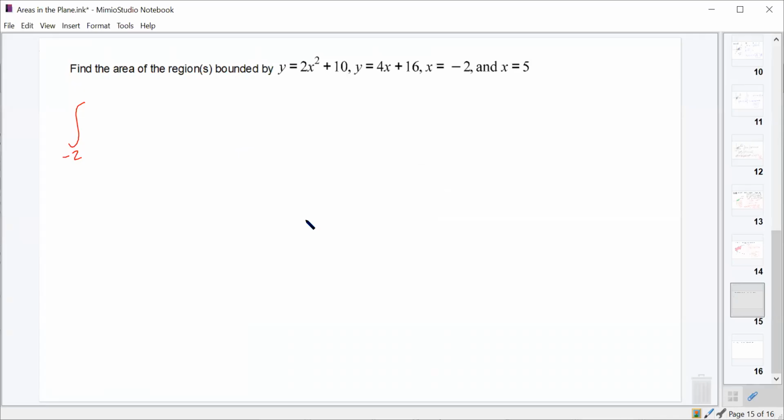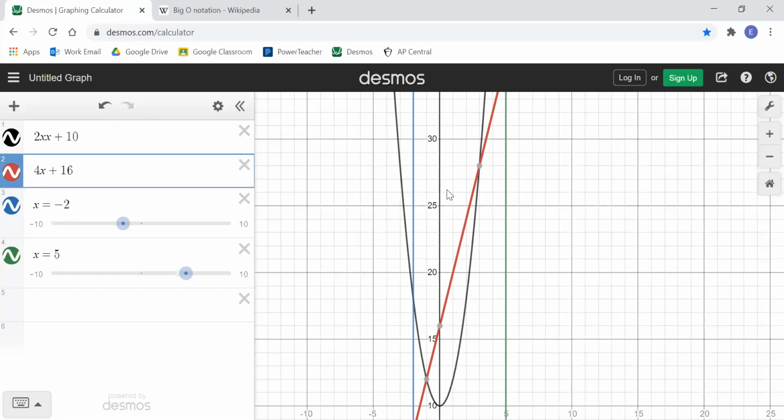So -2 to -1 of the parabola minus the linear. Second integral will start right back up at -1, and we'll go to the next intersection point between the two of them, which is at x equals 3.